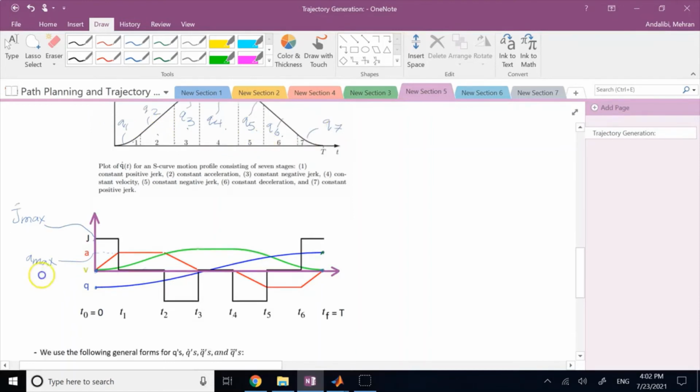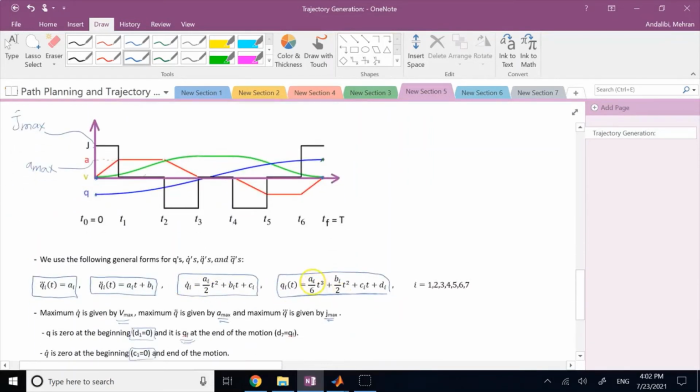Each one of these Qs has 4 coefficients, A, B, C, and D. So you have 7 times 4, that's 28 coefficients to find, and also you have to decide about the times T1, T2, and T3. You also need to find your final time.